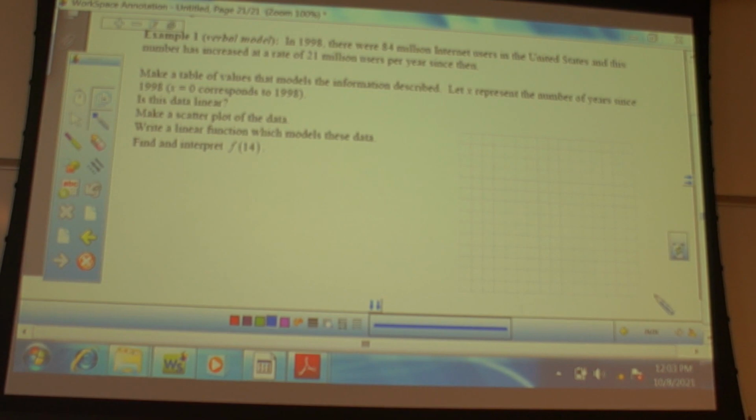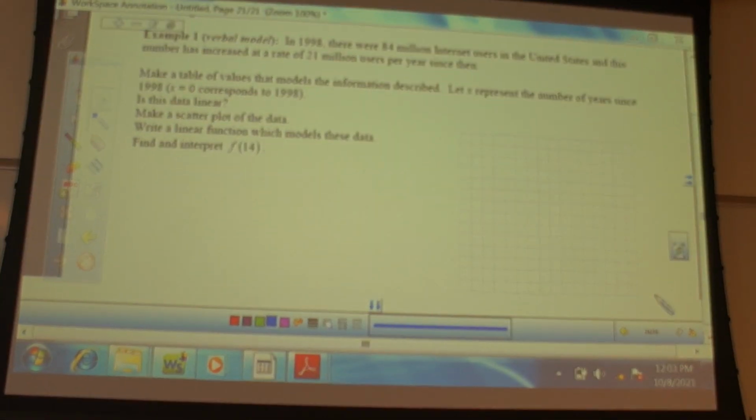Make a table of values that models the information described. Let X represent the number of years since 1998. X equals 0 corresponds to 1998. Is this data linear? Make a scatter plot of the data. Write a linear function which models these data. Find and interpret F of 14.